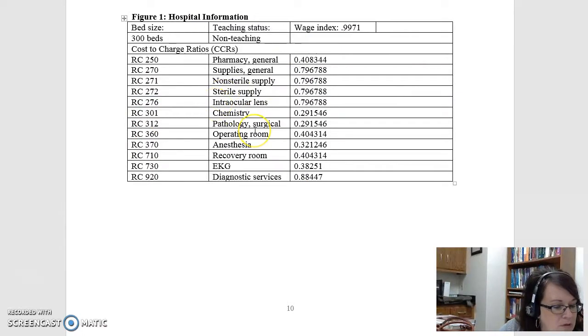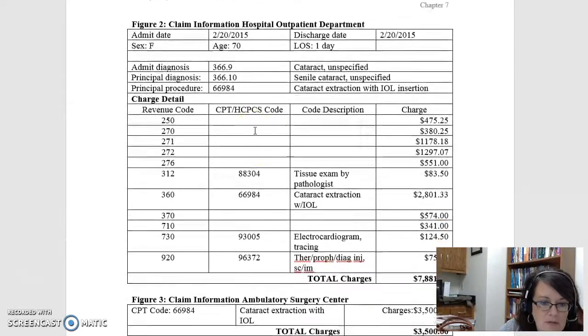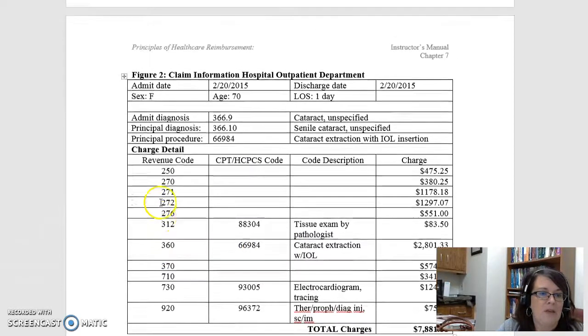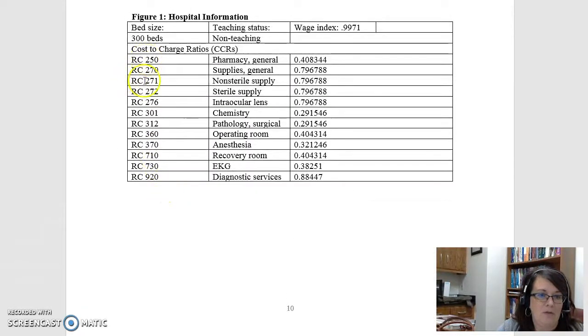That code, if you look at the charge, let me make sure I don't give you the answers. Do you see the revenue code is 360? If I go back up here and look at revenue code 360, that's my wage index. So my wage index for 360 is 0.404314.